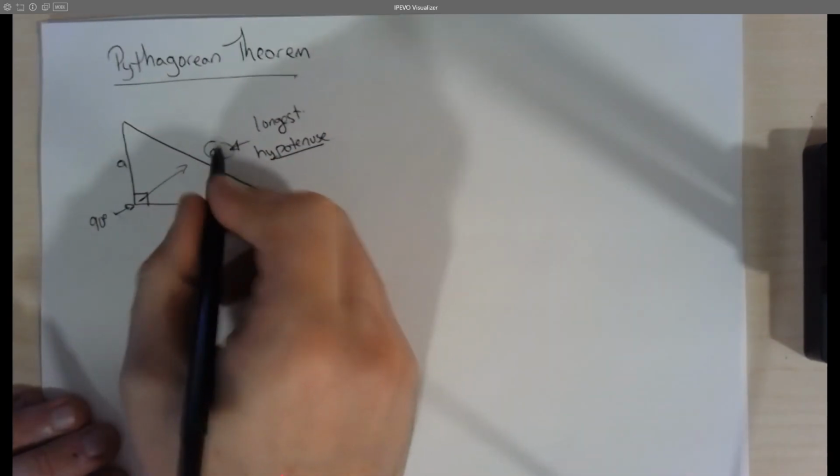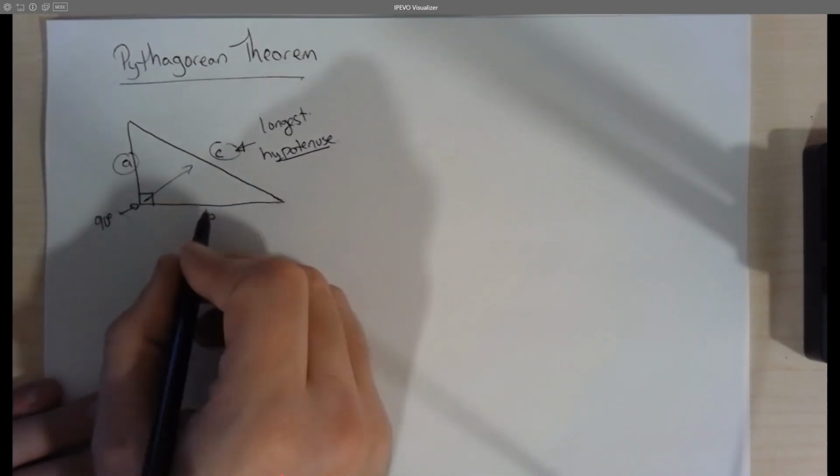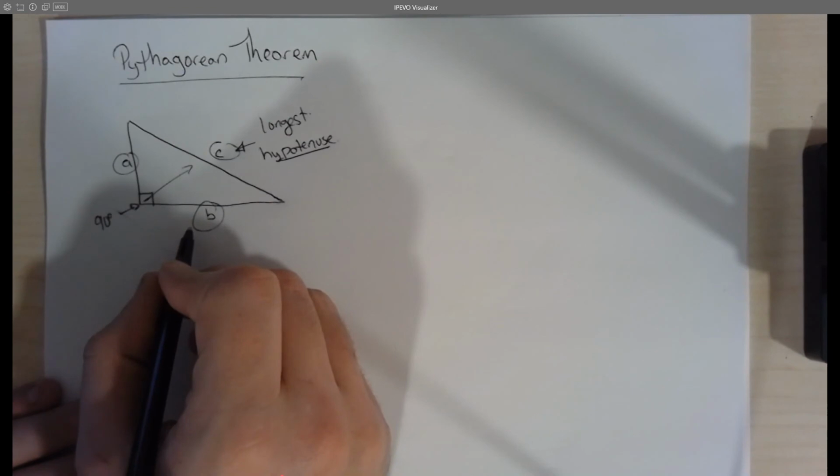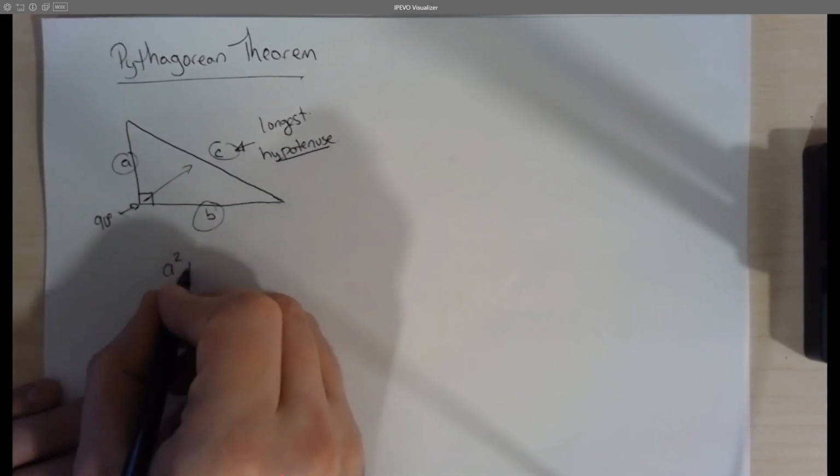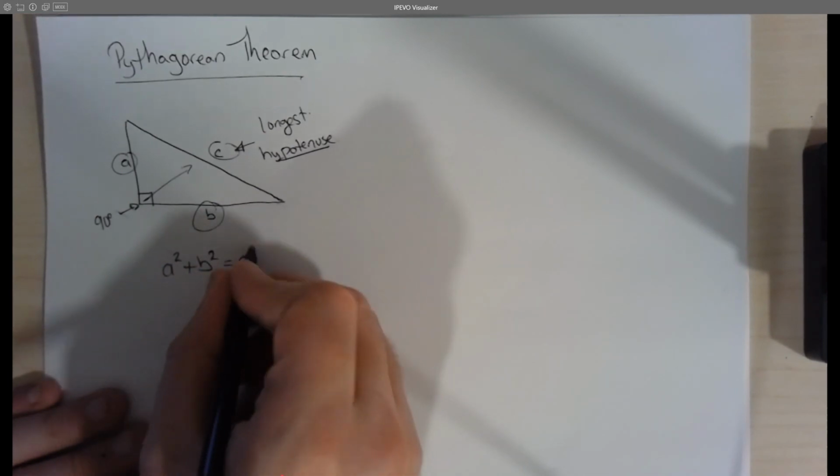So that C is going to become very important when we're solving these particular triangles. In a right-angle triangle, this side squared plus this side squared will always equal this side squared. So A squared plus B squared equals C squared.